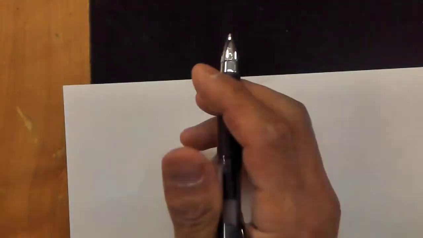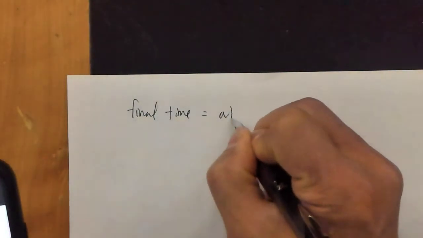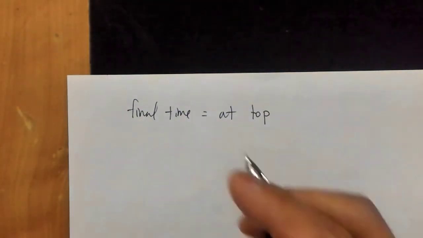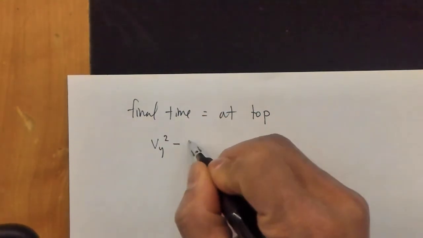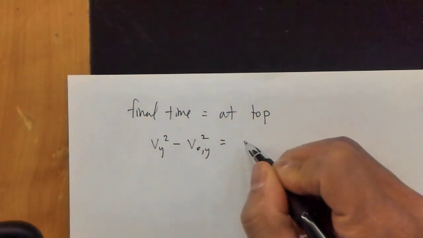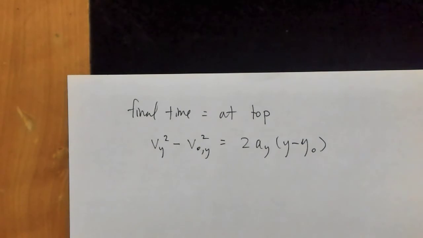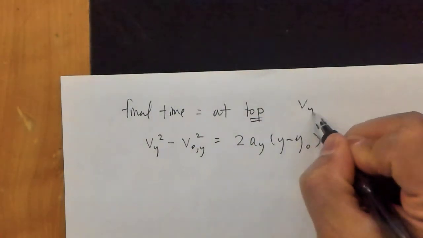Okay, to get how high it goes vertically, we can simply say the initial time is at the bottom, and the final time will be at the top, because then we can calculate y minus y0. We can use vy squared minus v0y squared is equal to 2 times ay times y minus y0. Since we know delta t, we could have used another formula, but that's what I'll use here. At the top, we know that vy is equal to 0.